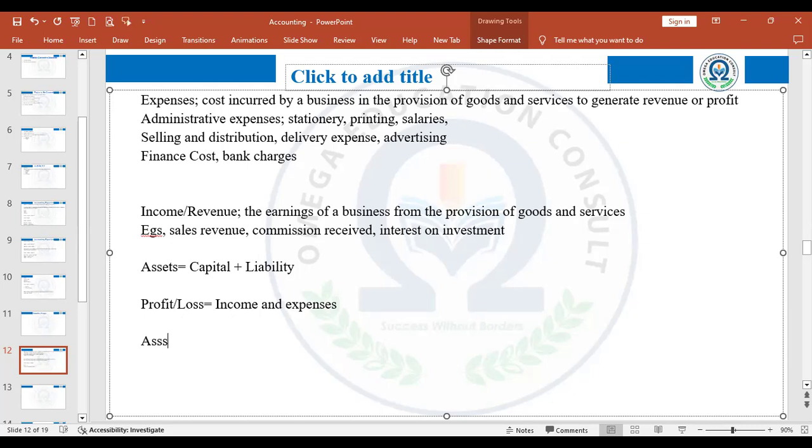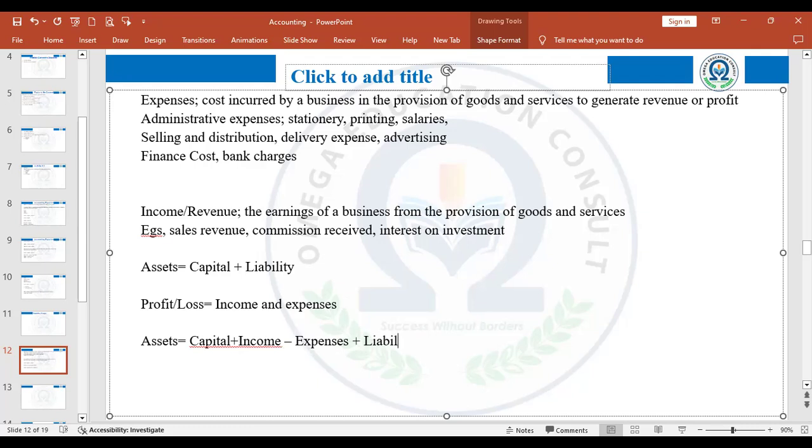Assets are equal to capital. To this capital, we add income. We are adding income because income affects the capital positively. Then we deduct expenses. Then we add our liability.